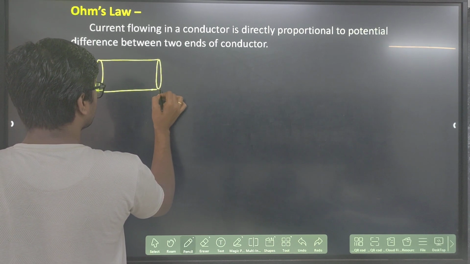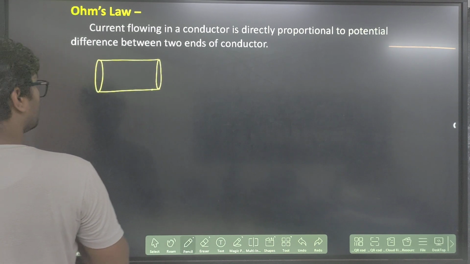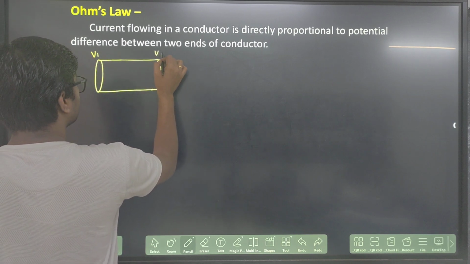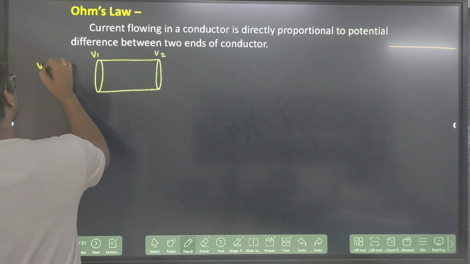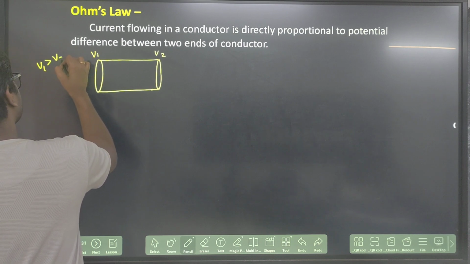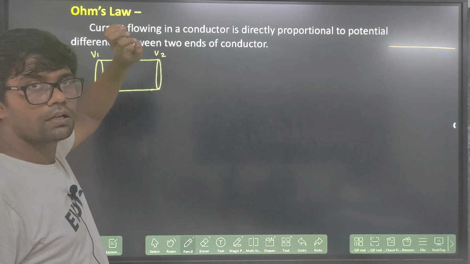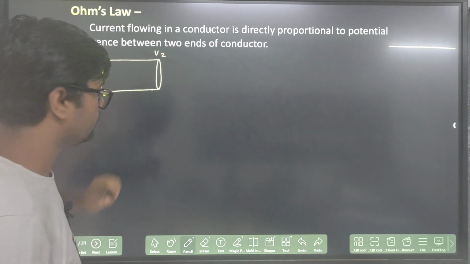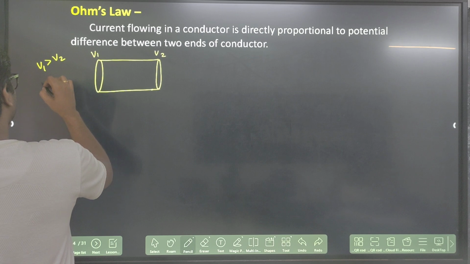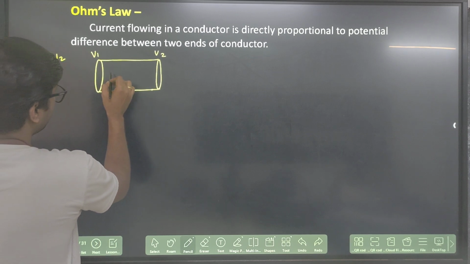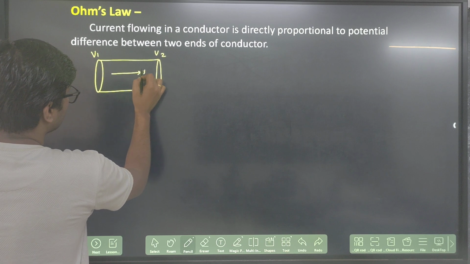This is a conductor. And this side is V1 and this side is V2. And I am telling that V1 is greater than V2. V1 is the higher potential, V2 is the lower potential. So V1 is greater than V2, that means the current will always flow from V1 to V2.